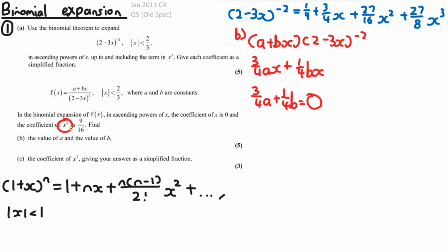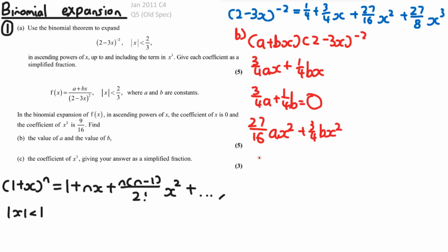Now let's focus on x squared, and the only x squared terms that are going to be present are when a multiplies 27 over 16 x squared to give 27 over 16 a x squared, and when bx multiplies 3 over 4x to give 3 over 4 b x squared. These are going to be the only x squared terms that are present in this expansion. There's no other way that an x squared term can exist with the way that things are multiplied together.